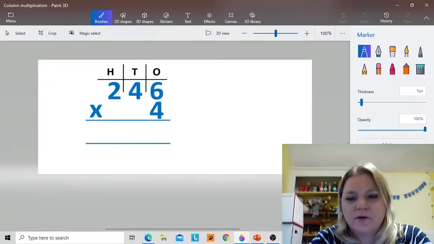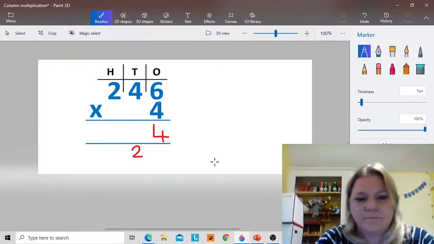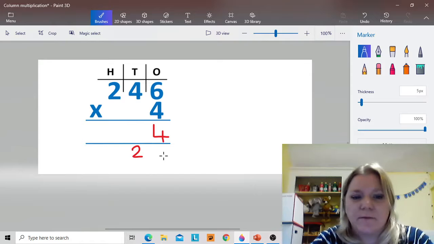So we start off with 6 times by 4, which is 24. The 4 goes in the answer box and the 20 moves into the next column, just underneath the line.